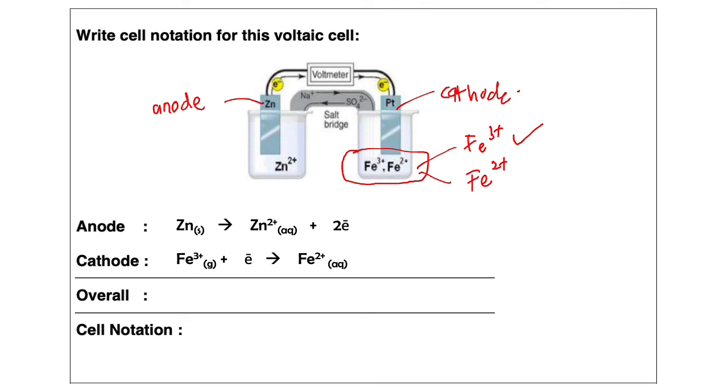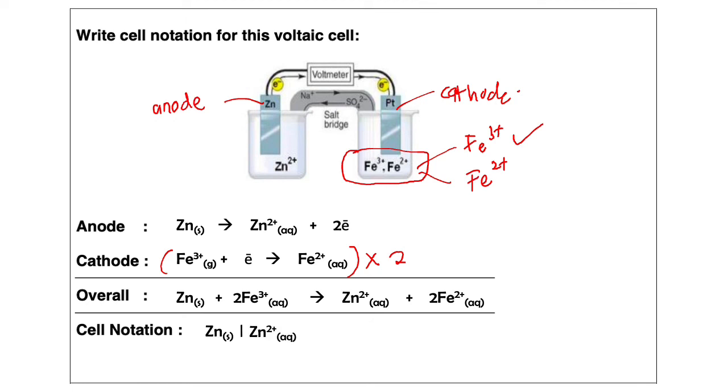As you can see, we have 1 mole of electron here, so this equation has to be multiplied by 2. So we are going to get this as the overall cell. But to write the cell notation, we start with zinc, separate, we have zinc ion, bridge, then we continue with cathode.